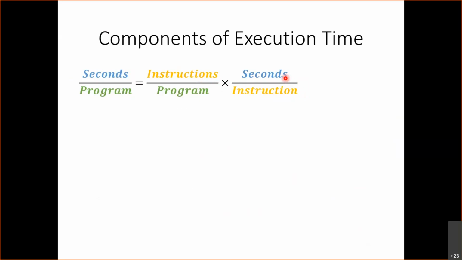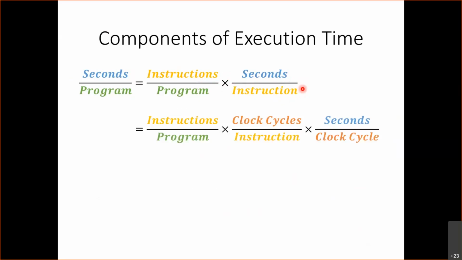And this portion, the seconds per instruction, can further be broken down into the number of clock cycles that we need to execute an instruction and the number of seconds that it takes to execute a clock cycle.